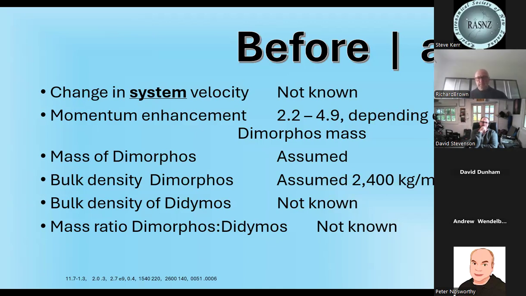But what was the change in the heliocentric velocity of the whole system, which is what you really want to know for avoiding an impact? You could not determine that from looking at Dimorphos. From our occultation observations, particularly those obtained last year and this year, that was measured.